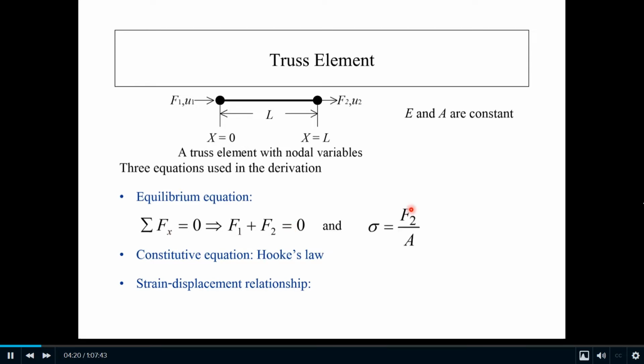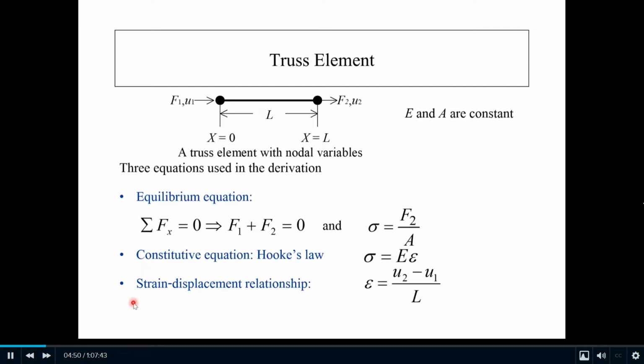We also define stress as equal to F over A. In this case we define it as F2 over A. Then for Hooke's law we have the stress-strain relationship, an equation that should be really familiar to you. For an axially loaded member, axial stress is related to axial strain via Young's modulus. We also have a relationship between strain and displacement.